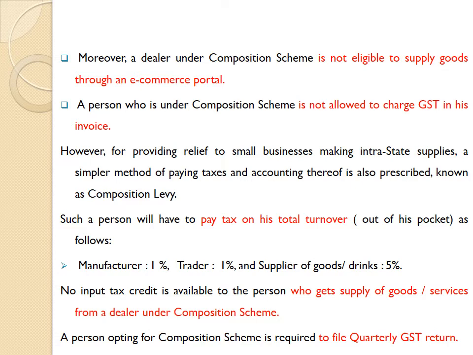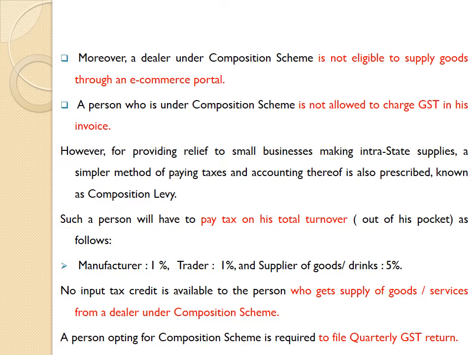However, to provide relief to small businesses making intrastate supplies, a simple method of paying taxes is also prescribed, known as composition levy. This scheme is mostly useful to small businessmen making intrastate supplies.